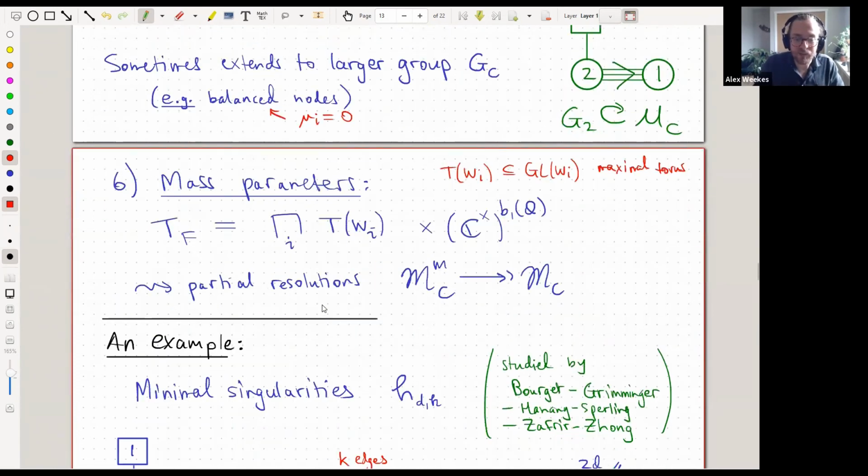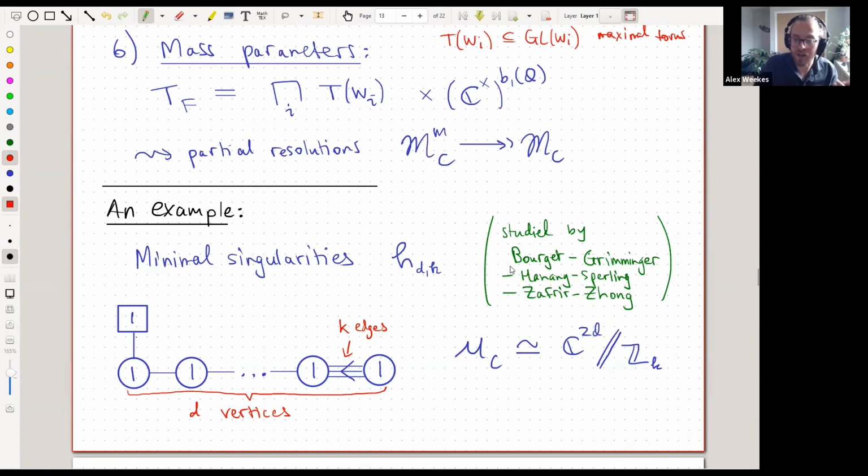I wanted to mention an example which I think was touched on in Professor Hanany's lectures. So these are some particular singularities studied by these collaborators of Hanany in several of their papers. They denote them by H_{D,K}. And what we're looking at here is sort of D vertices.